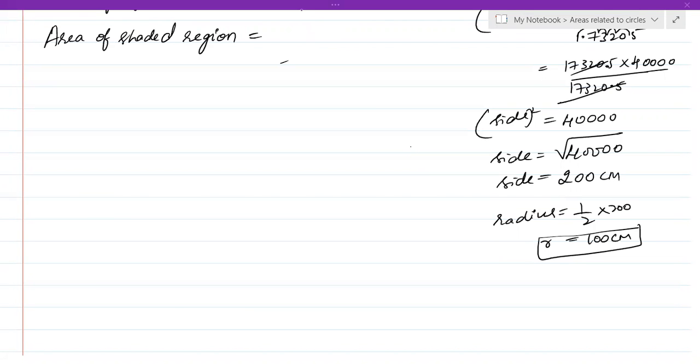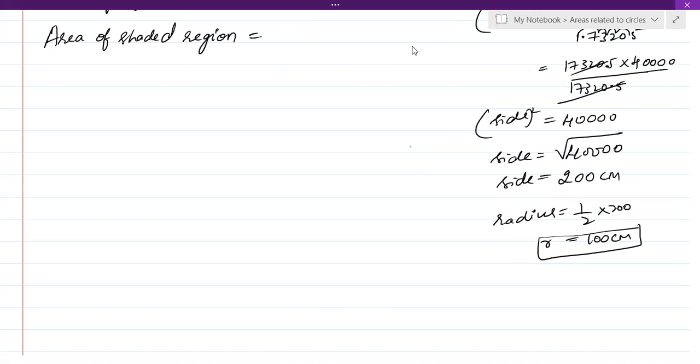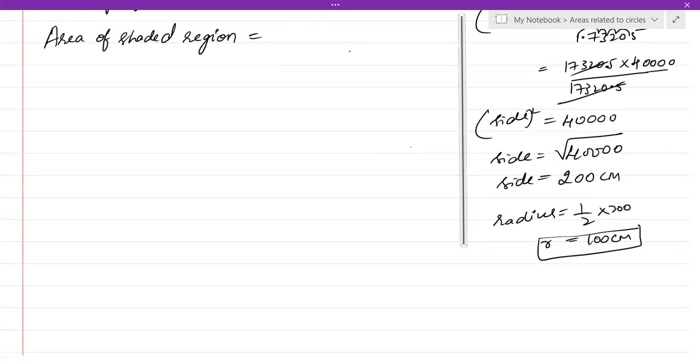So let's find the area. Let's rewrite the formula: area of triangle ABC minus 3 times area of sector.